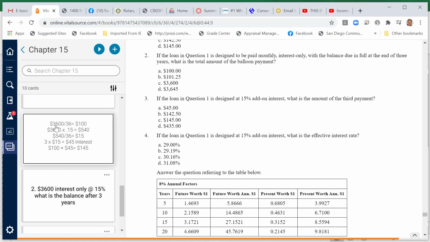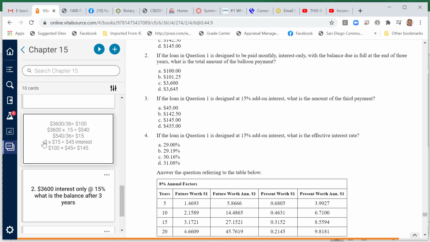If I divide 36 into the 3,600 principal, that's $100 a month. Then I have to find out how much 3 months interest is. So if I take the 3,600 times 15% per annum, that's 540. Take the 540 divided by 36, that gives you $15 a month.